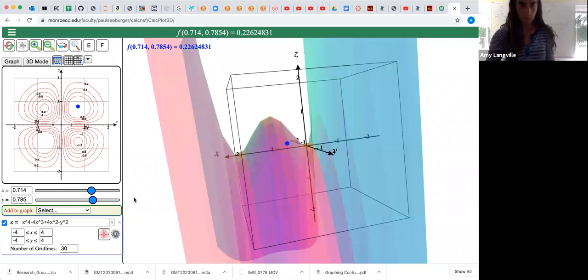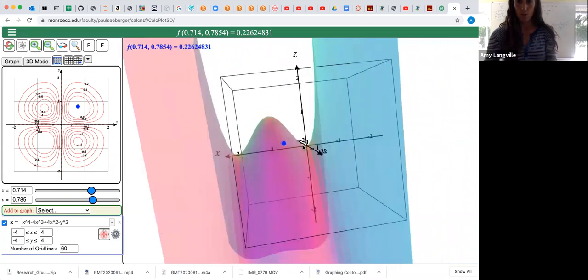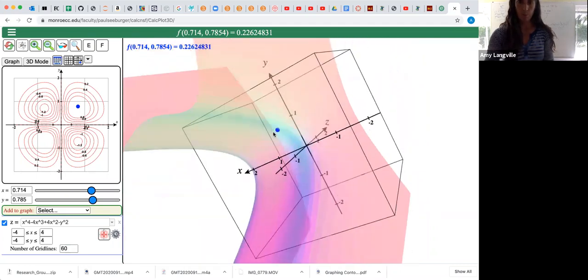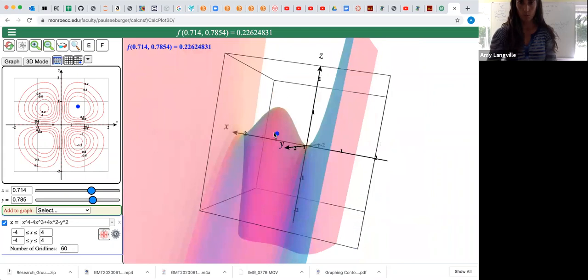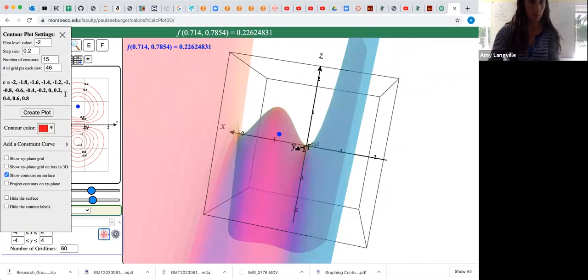So maybe ask for more grid lines to smooth it out a bit. 60 of them, okay. And as we move around the surface, again, saddle points, those are the ones that we found. Whoops, I wanted to move the points. Let's do another contour plot because that's the old contour plot still showing. So create the plot.